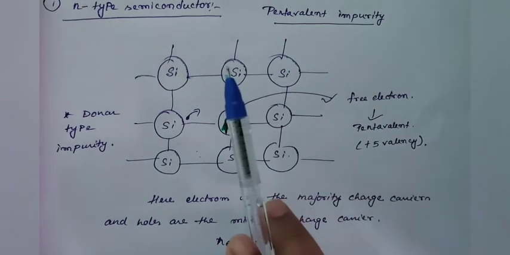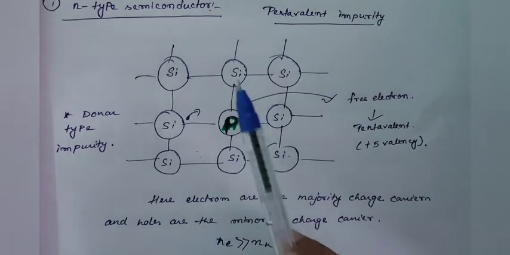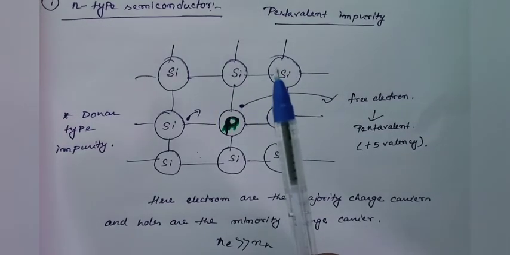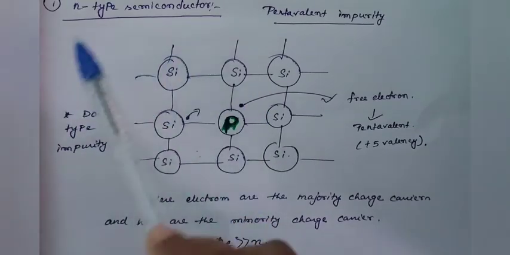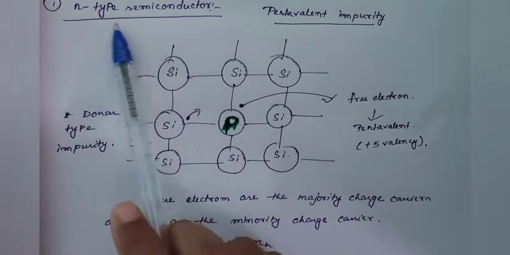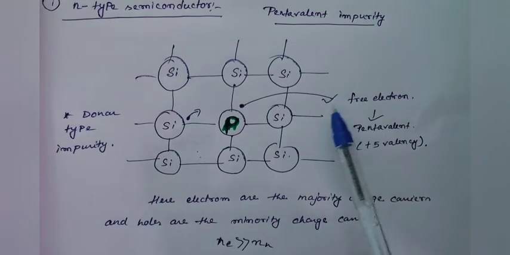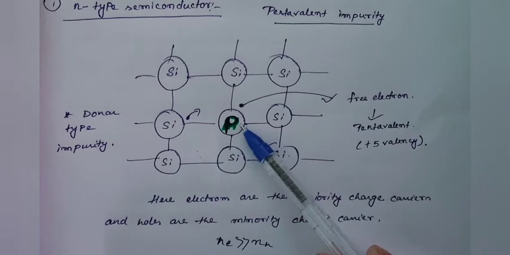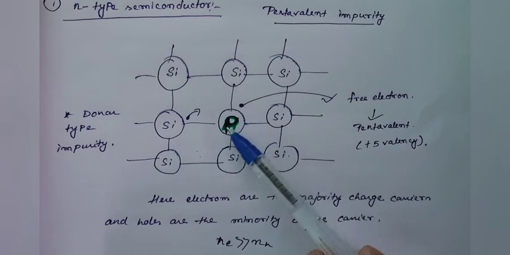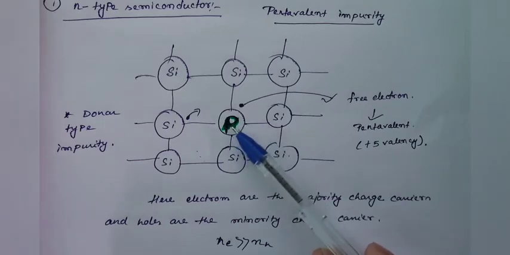If it is doped in such a way, then it is called an N-type semiconductor. In the figure we see a pentavalent impurity atom substituting a tetravalent silicon atom. This is phosphorus, it substitutes the tetravalent Si atom.